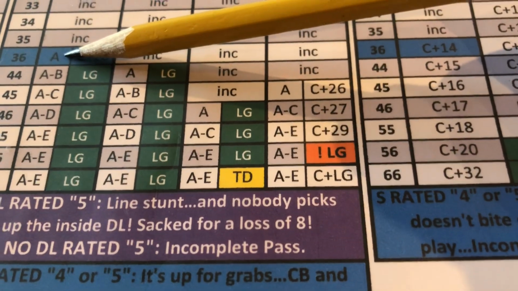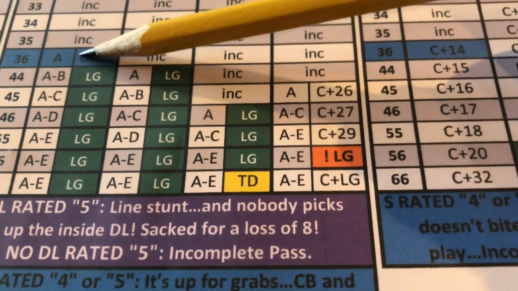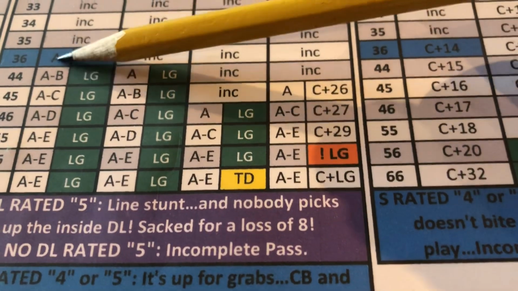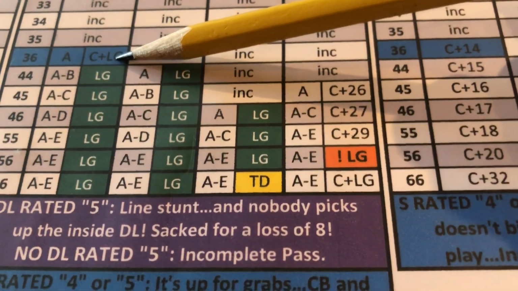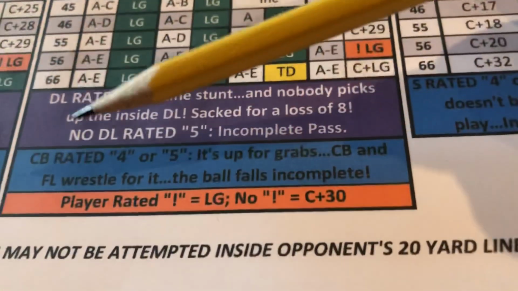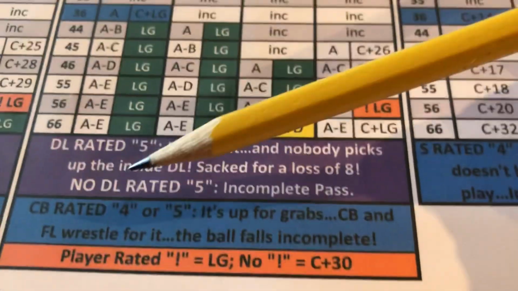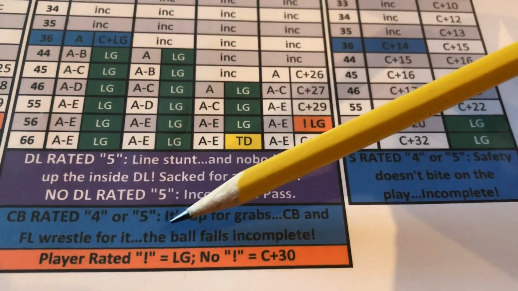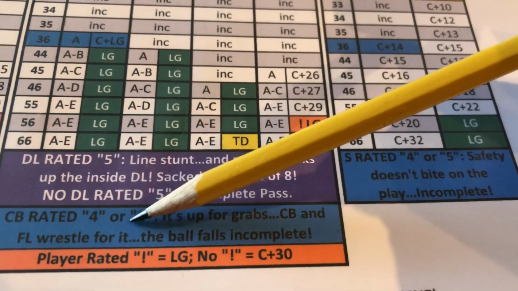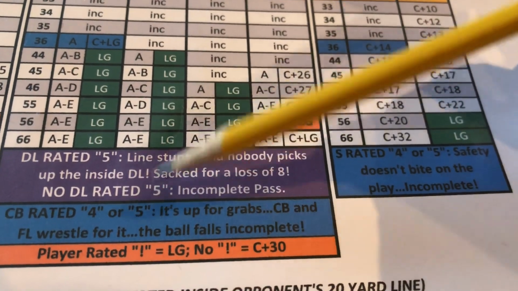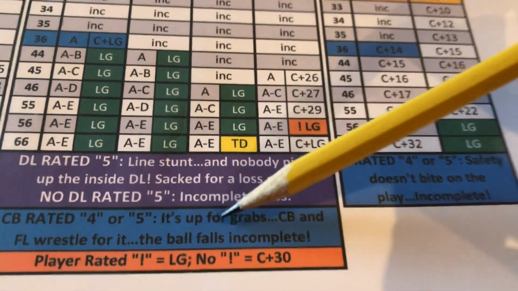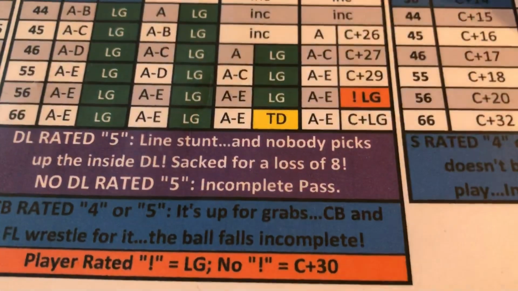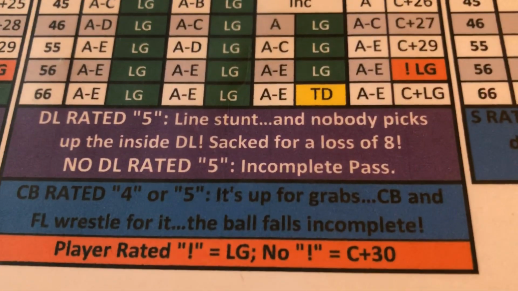I'm gonna do a sample passing play in a minute or so. But this, if the quarterback is rated A, this is a completed pass for a long gain. But because it's in blue, you go down here and you can see that it says any cornerback rated for the cornerback on that specific side for the flanker, because this is a flanker down and out. If he's rated a 4 or 5, he gets up and breaks up the pass.